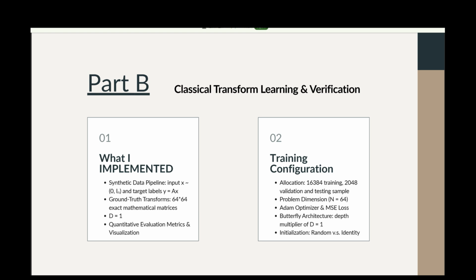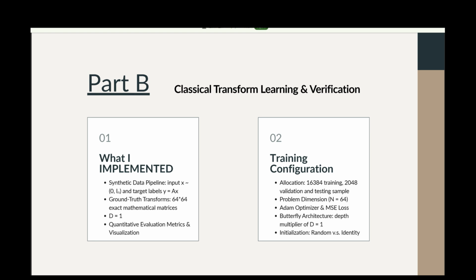Next, in section 02, we'll look at the training configuration. For the dataset allocation, I used 16,384 training samples, 2,048 validation samples, and 2,048 testing samples.